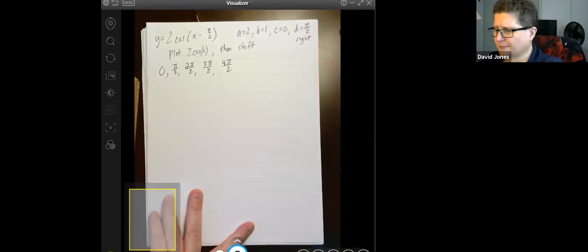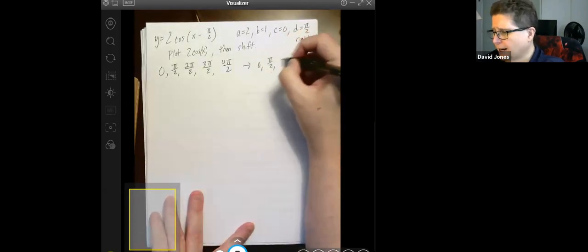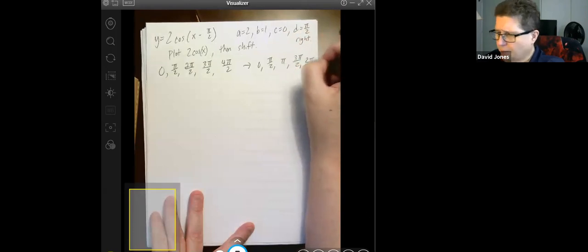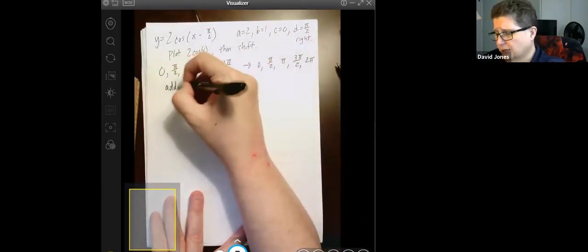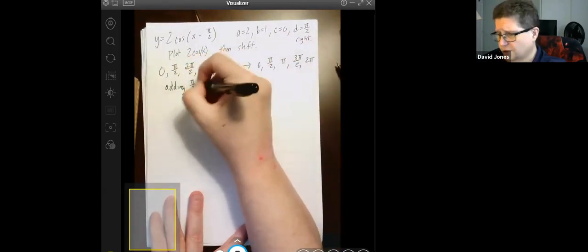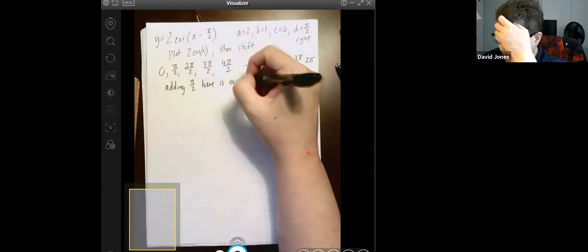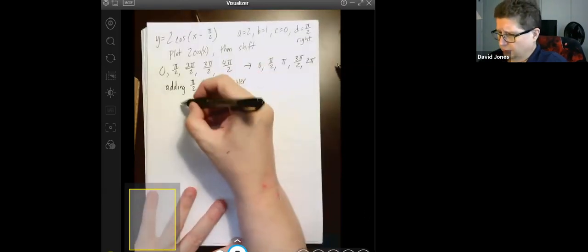Yeah, I know this simplifies to 0, pi over 2, pi, 3 pi over 2, 2 pi. But I think adding pi over 2 to this is easier on the left. So we'll do that.